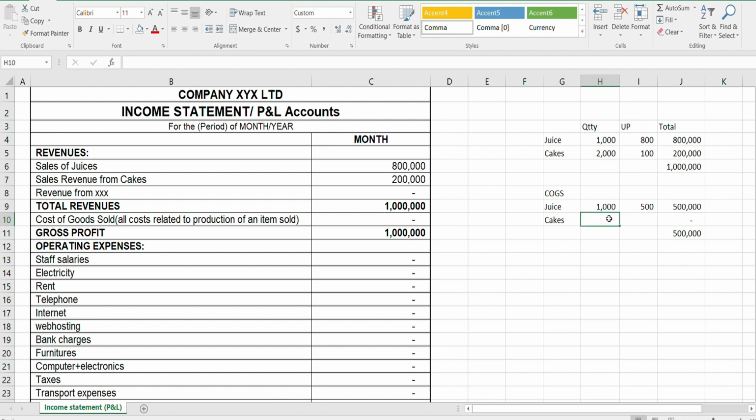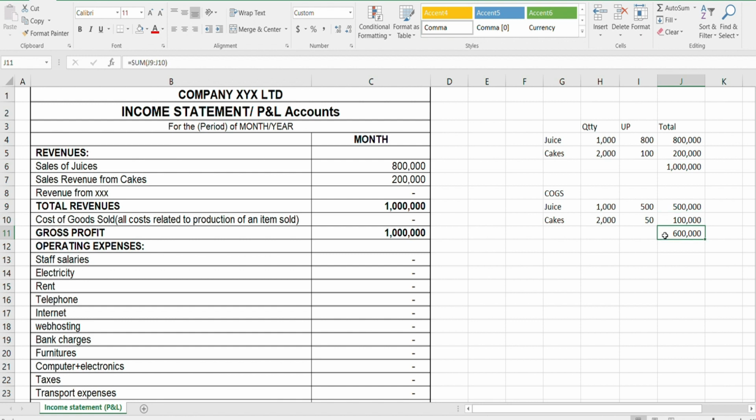For the cake, we sold 2,000 cakes, but we may have produced those cakes or purchased, of course, may have a business that purchases and sells at 50. This will have cost us 100,000.